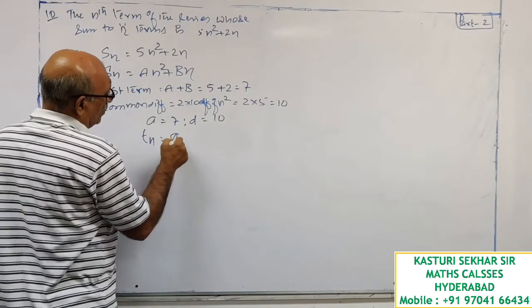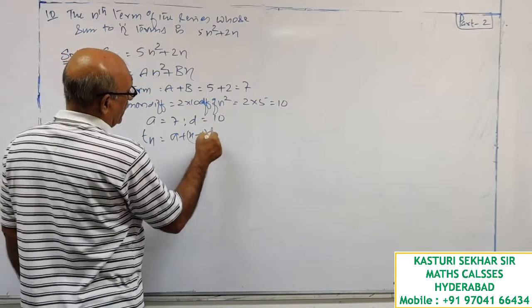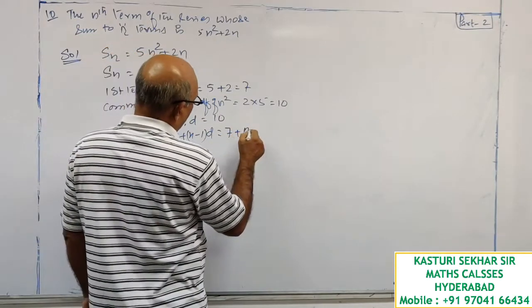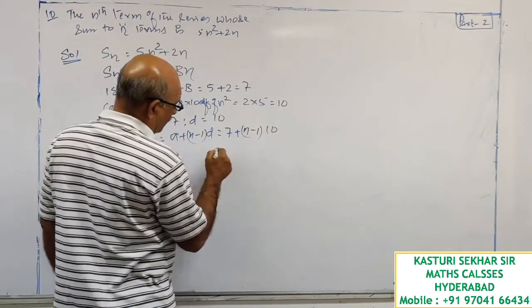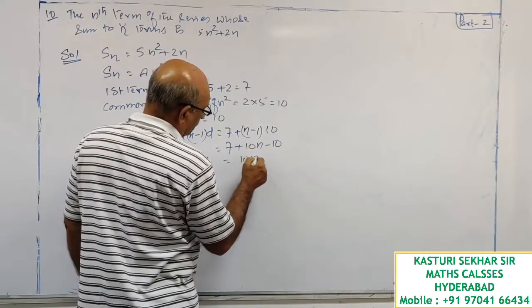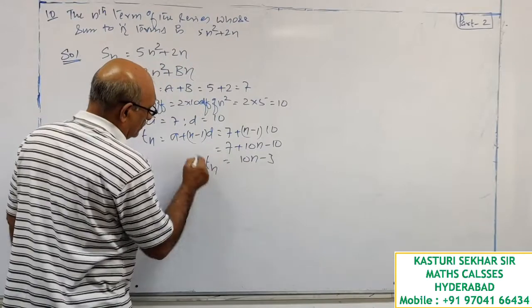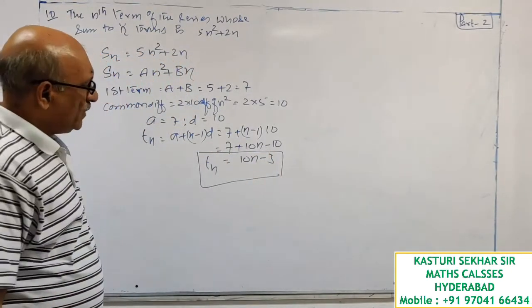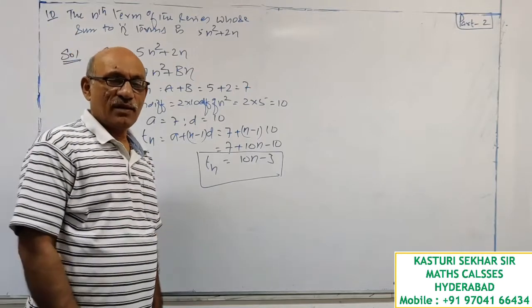The general term is equal to a plus n minus 1 into d. A is equal to 7, n minus 1 into the common difference, which is 10. So 10n minus 3 is the general term of the sequence.